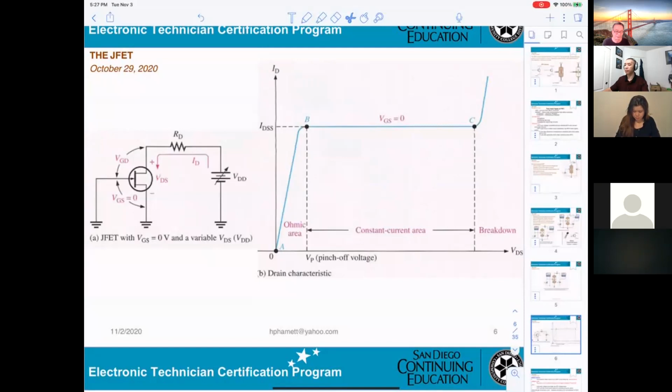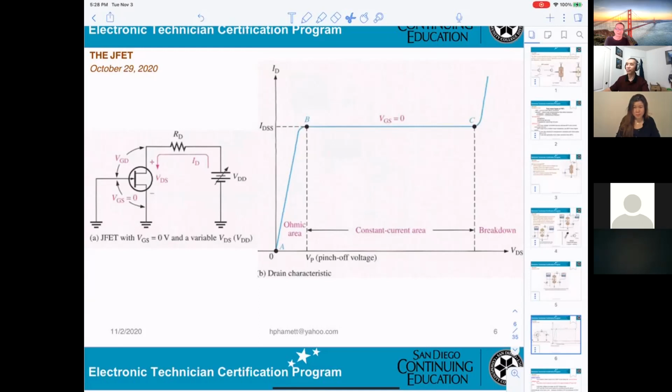At that voltage the current will be constant, and that will be equal to IDSS. And what is the IDSS? It's the maximum value of the drain current where VGS equals 0.